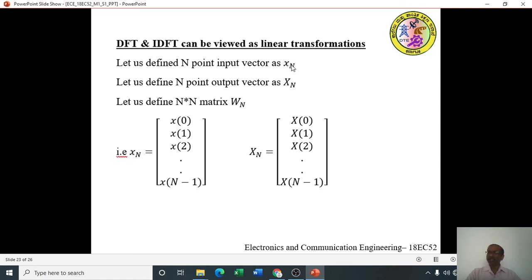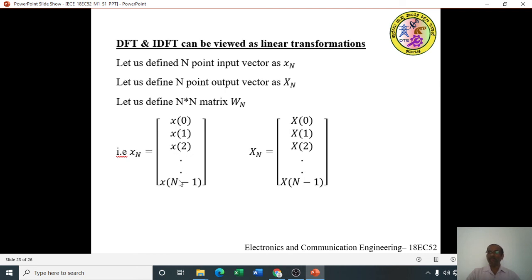It's a matrix of N rows and 1 column. This is a column vector which consists of the input sequence from x of 0, 1, 2 up to x of N minus 1.